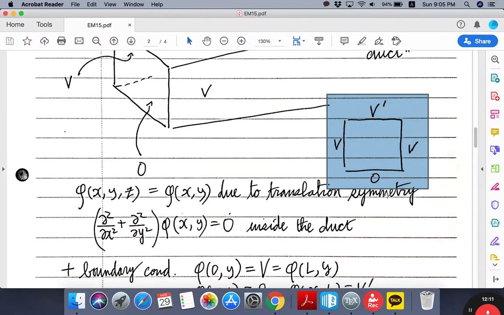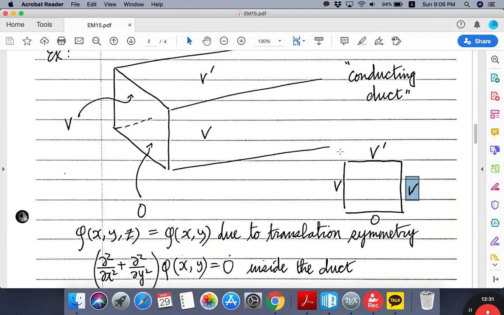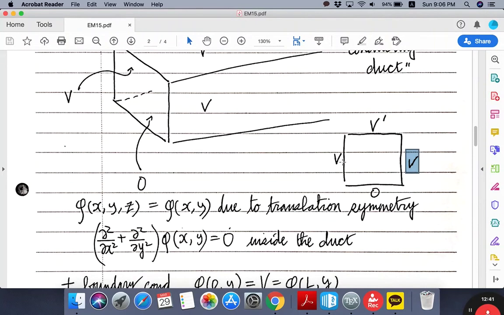And I have chosen the case where the bottom side of the duct has potential 0, the top side has a potential V prime, and the two sides to the left and to the right have the potential V. Okay, and now the question is to find out the potential on the inside of the duct, which at the same time would coincide with the potentials at these four boundaries.